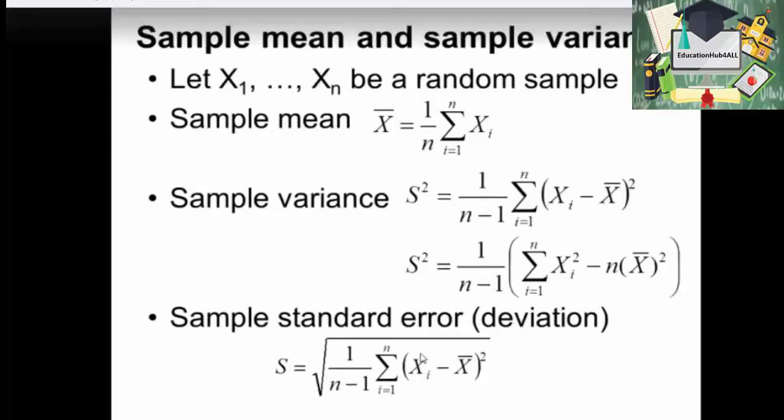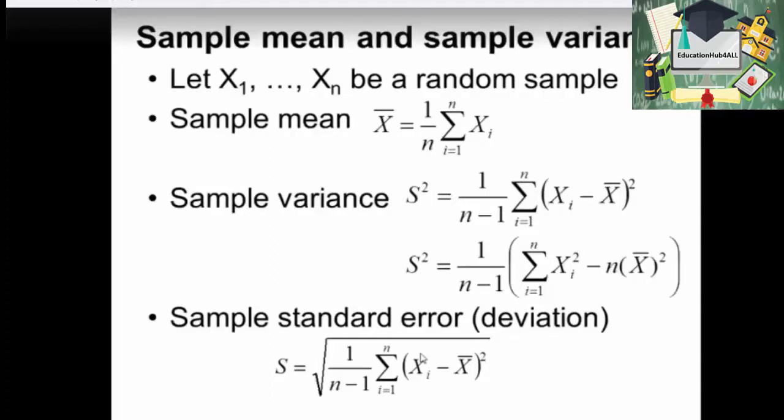If we add them up, that's the total number of black, right? So this is B1 plus B2, B3, B4, B5, divided by the number of samples. So actually, the estimate we saw before is a kind of average.